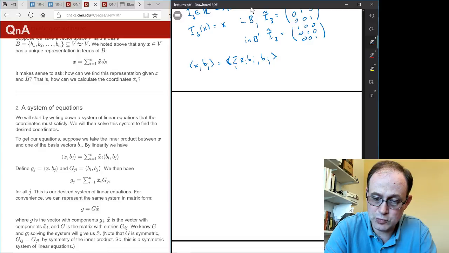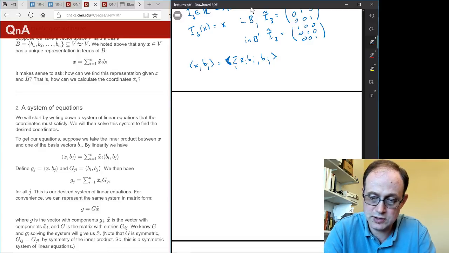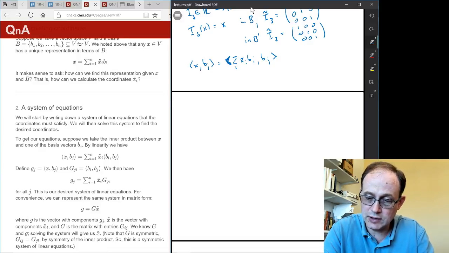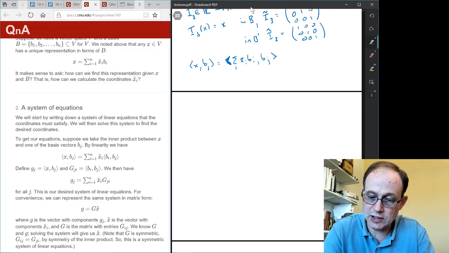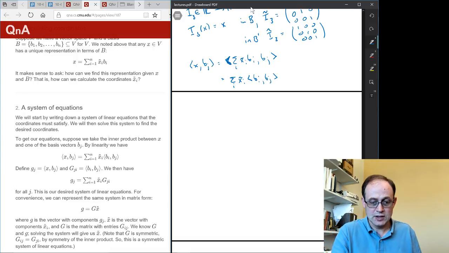That's not a parenthesis, but an inner product, an angle bracket. Then by linearity, we can just pull out the addition and scalar multiplication. So we get the sum over i of x tilde i times the inner product of bi and bj. So that's this expression there.